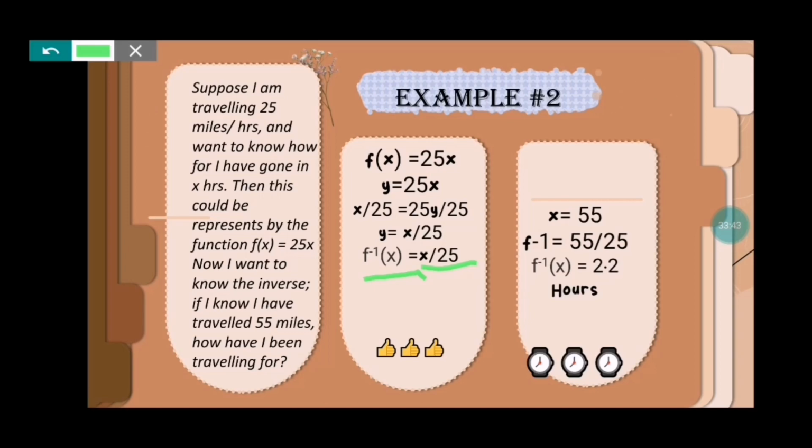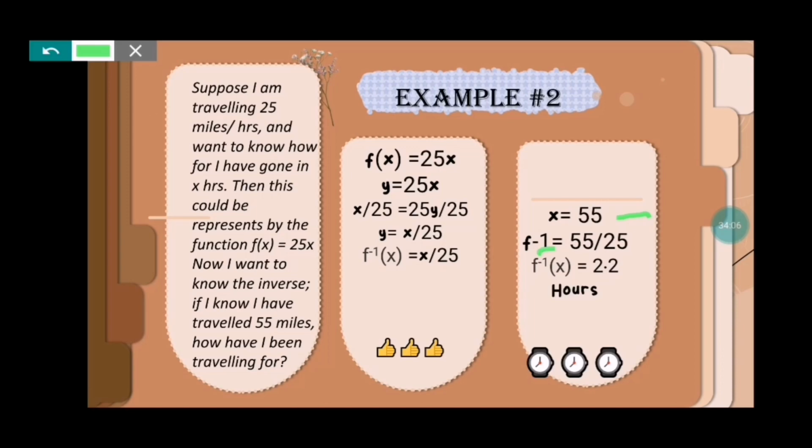So here we now go. The value of x is 55, since the traveled distance is 55 miles, so the value of x is 55. Now, we're going to substitute x into the inverse function.